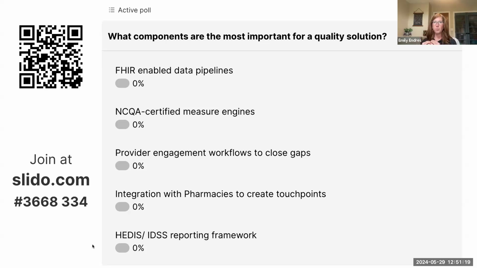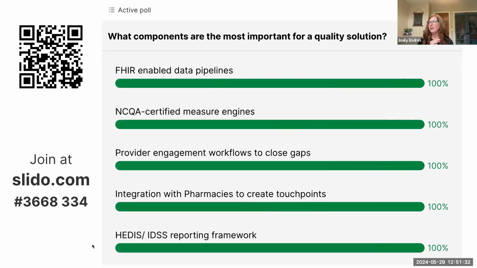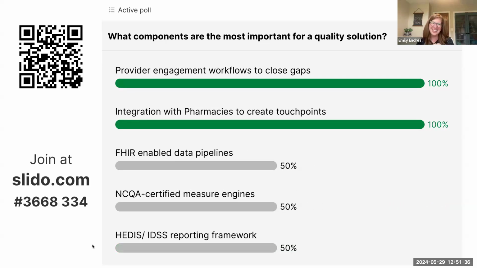Which do you think are most important for navigating through this change? You can use the QR code again on the screen. There's also a link within the Zoom chat, but oh my gosh, they're all equally important. I love that. Okay. We'll give everyone a minute or two here to cast their vote.